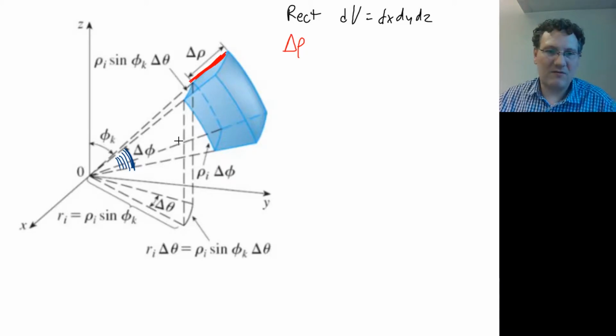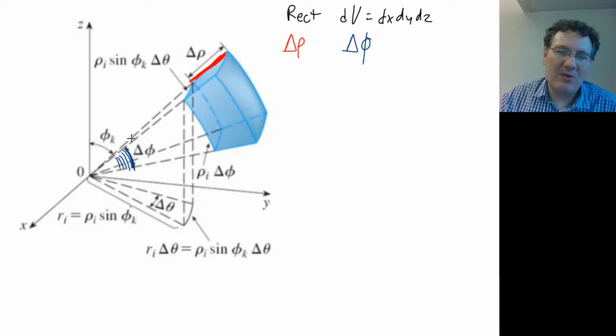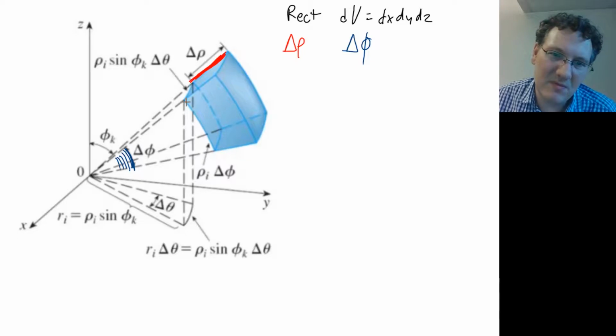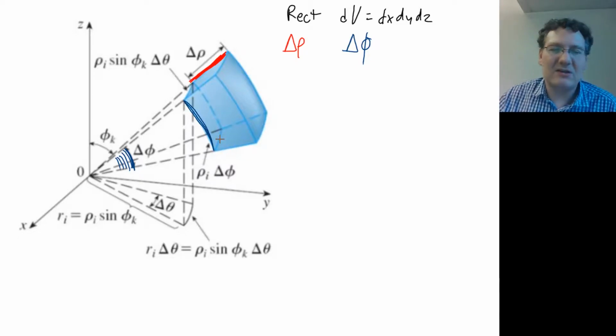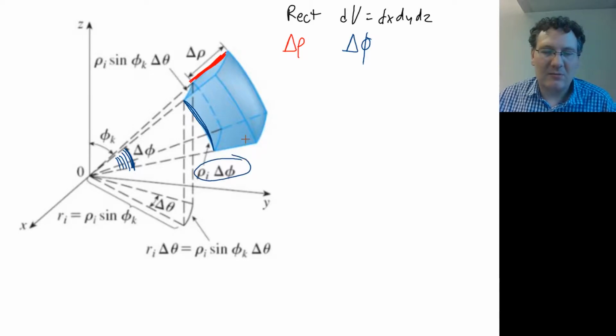A little change in phi gives you this next component, the length here, and that length depends on how far we are from the origin. So that's going to be rho times delta phi.